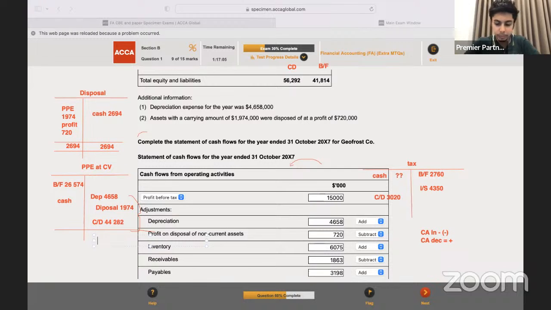Then the answer, guys, will be 50,914. Bring the same thing to this side. Then, guys, 50,914 minus 26,574. Then the answer, guys, will be 24,340.